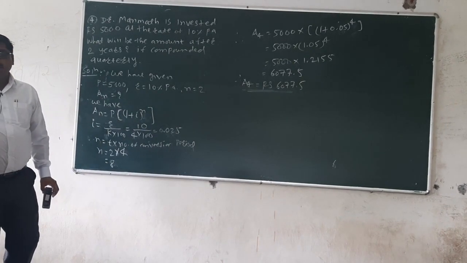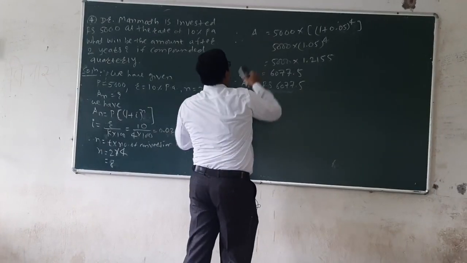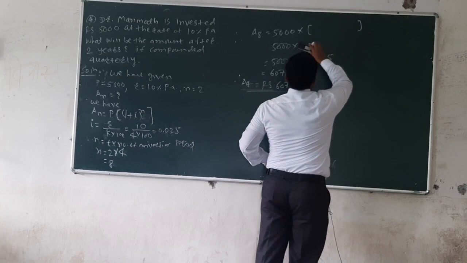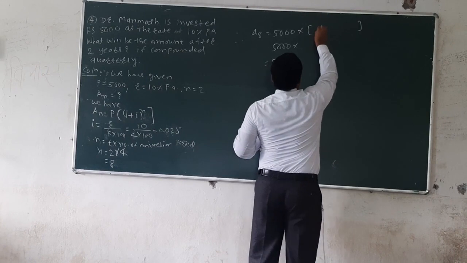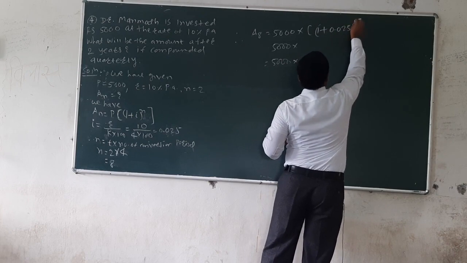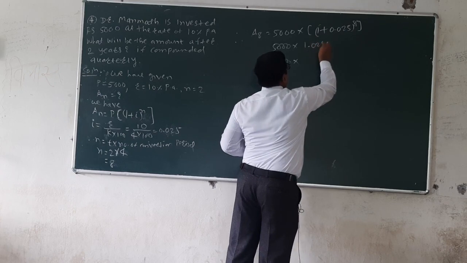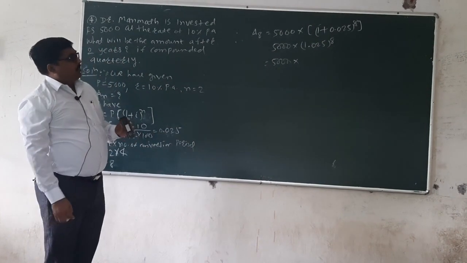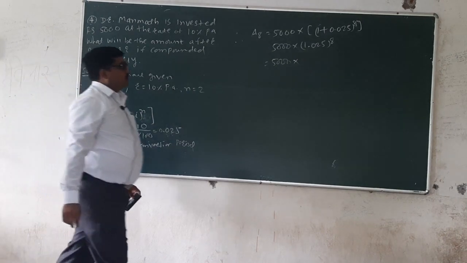So the amount at the end of the eighth payment period is 5000 into (1 plus 0.025) raised to power 8. So 1.025 raised to power 8 means 1.025 is multiplied 8 times, that is 1.2184.